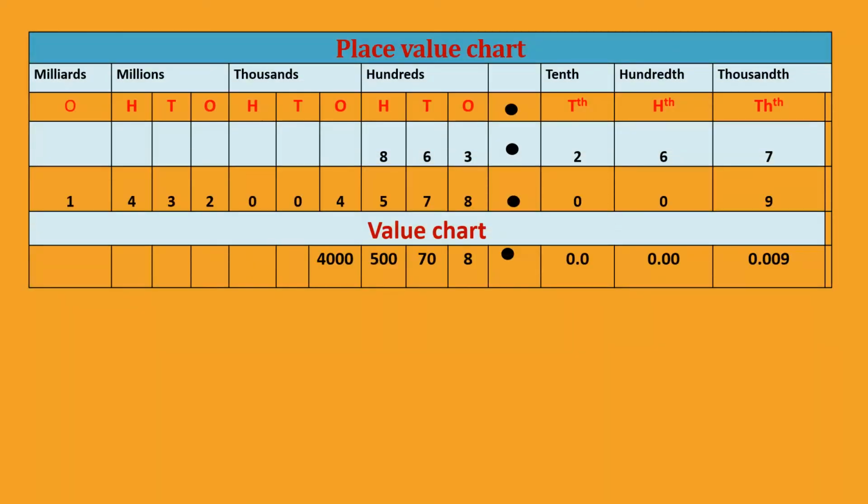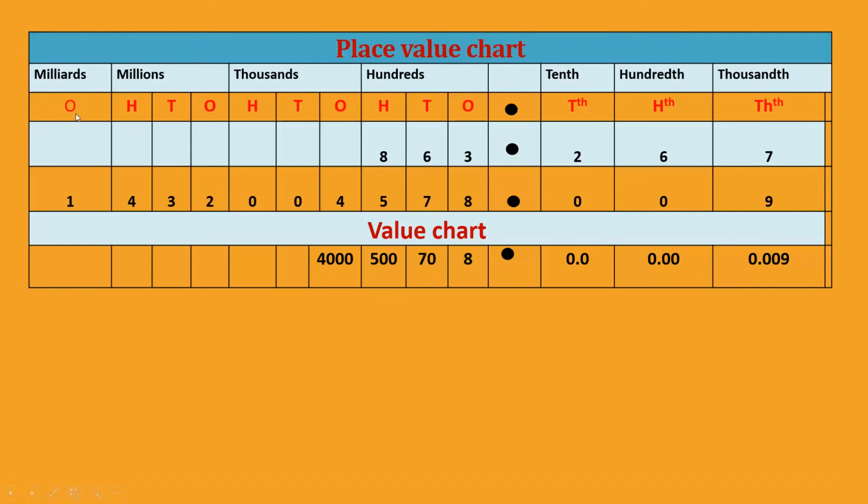Okay, let's see the place value chart. We know this chart from class. We have milliards, millions, thousands, hundreds, the decimal point, and tenths, hundredths, and thousandths. Each house is formed from ones, tens, and hundreds.